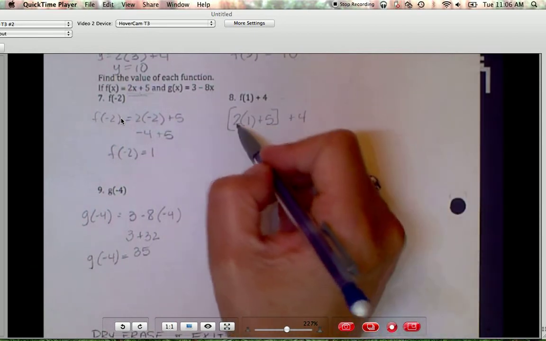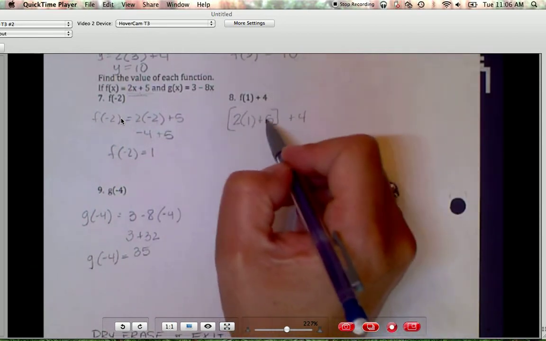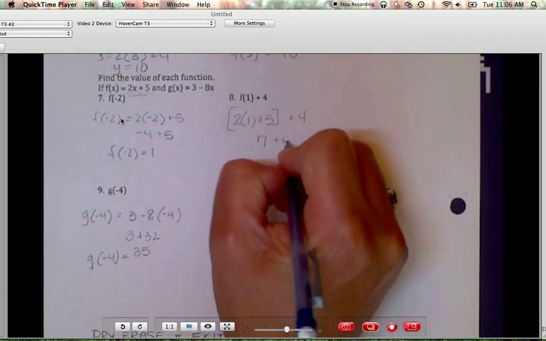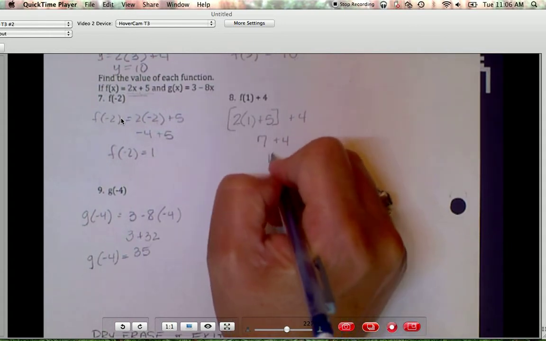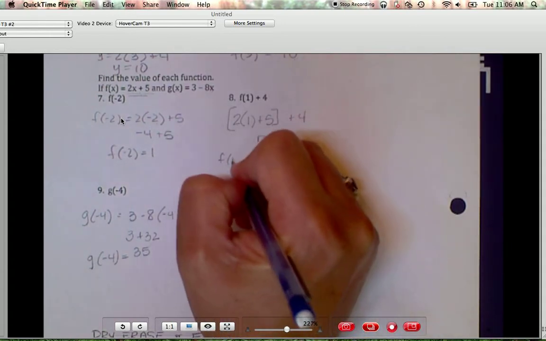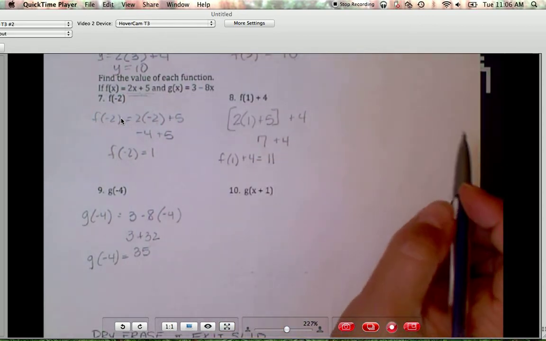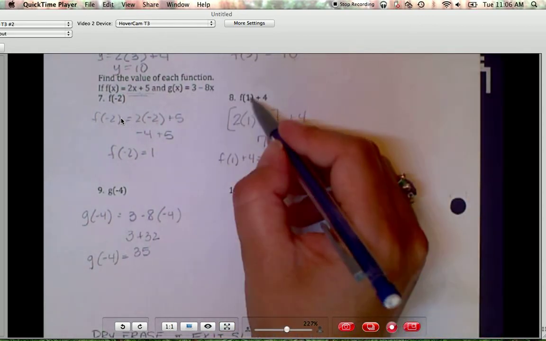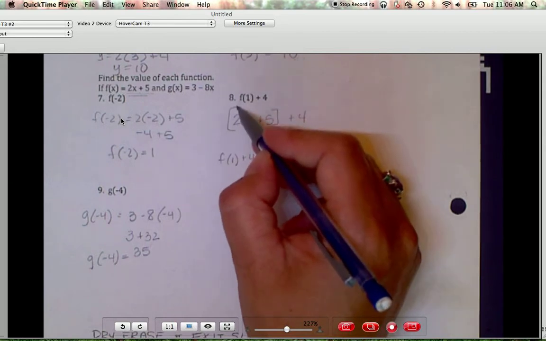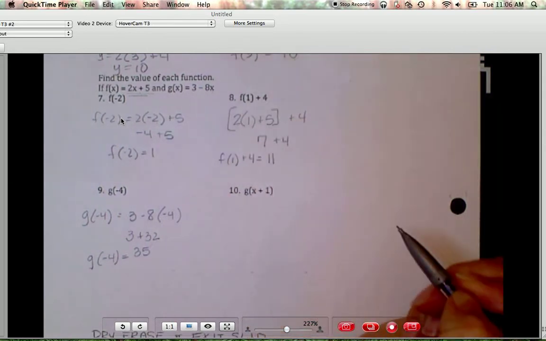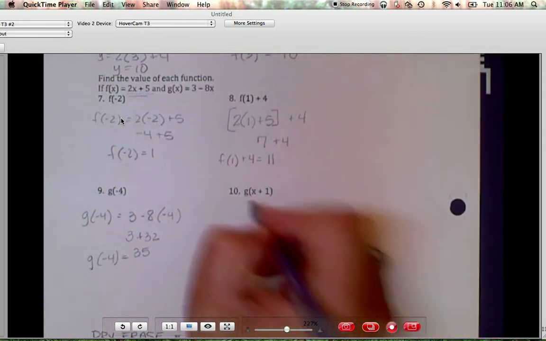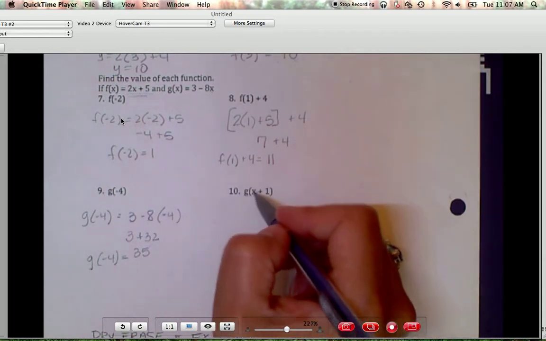So 2 times 1 is 2, 2 plus 5 is 7, and 7 plus 4 is 11. So f of 1 plus 4 equals 11. It's just saying find the f of 1 and add 4 to it, which is different from number 10.